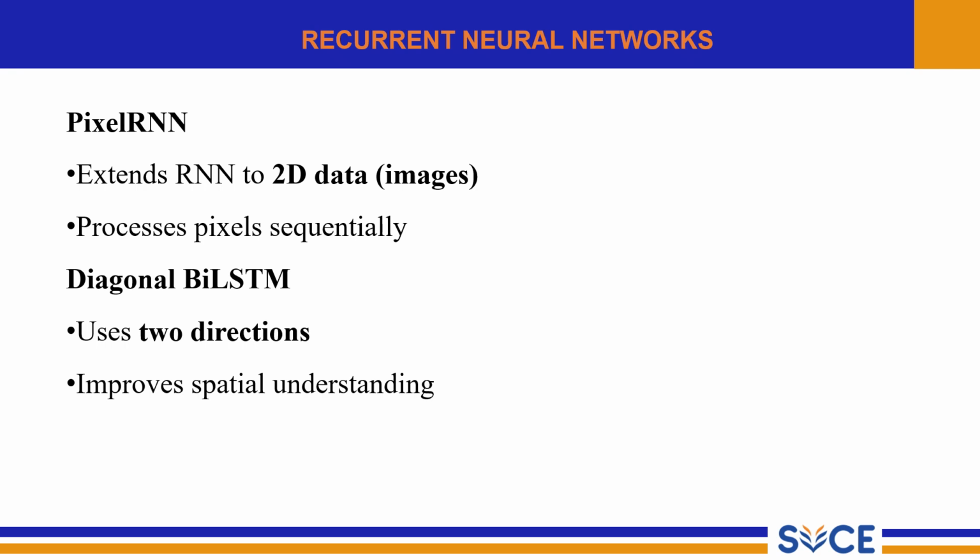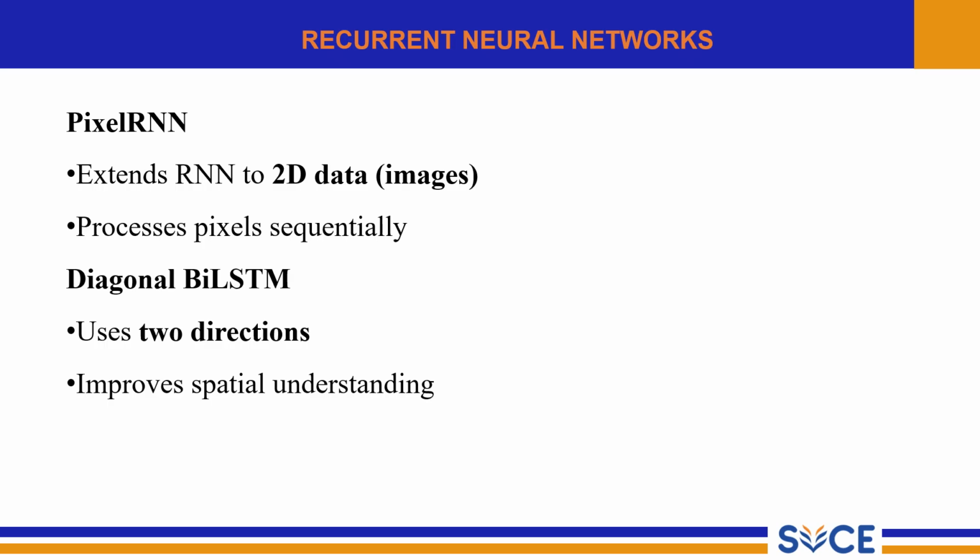To improve this, we use the Diagonal Bidirectional LSTM. It introduces a powerful way of scanning the image by using two directional flows. One direction moves from top left to bottom right and the other moves from top right to bottom left. By doing this, the model captures information from multiple spatial paths instead of just one sequential path.